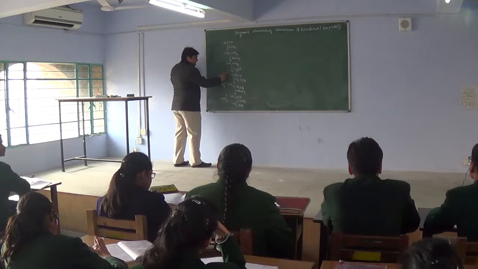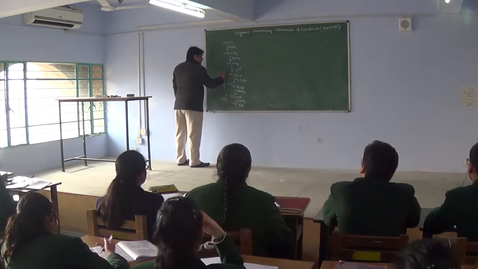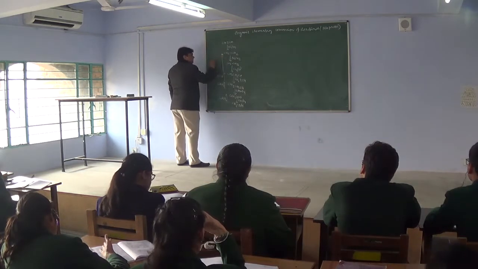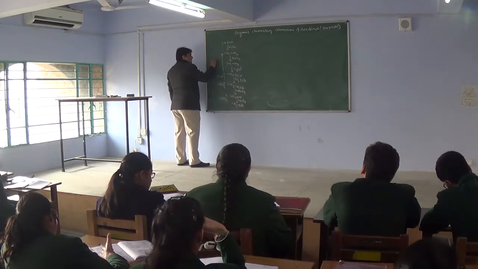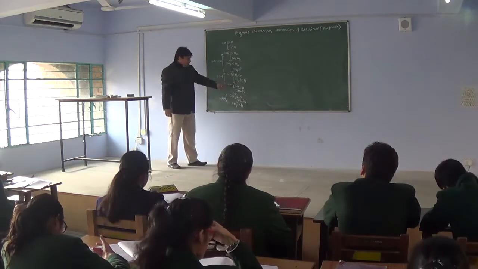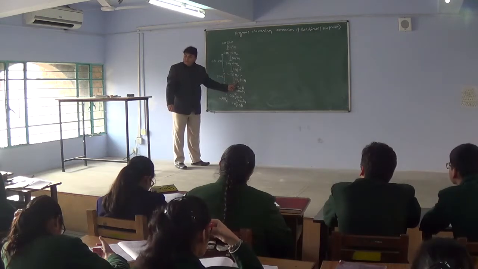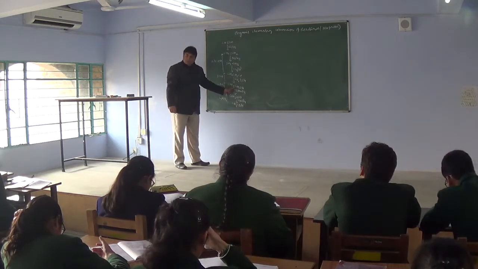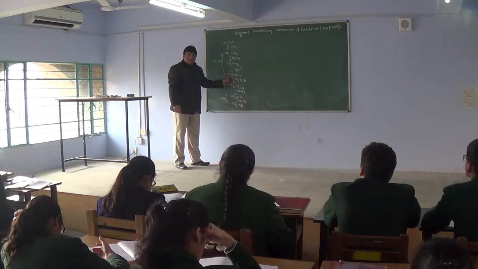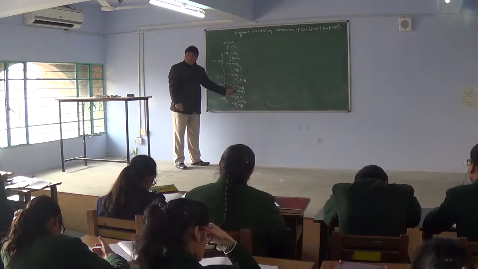CH3CH2Cl. From CH3CH2Cl we cannot produce alkane directly. Instead, you can go right there, that is by alcoholic KOH. Now you see one important difference. On alkyl halide, if you put aqueous KOH, you will get alcohol.